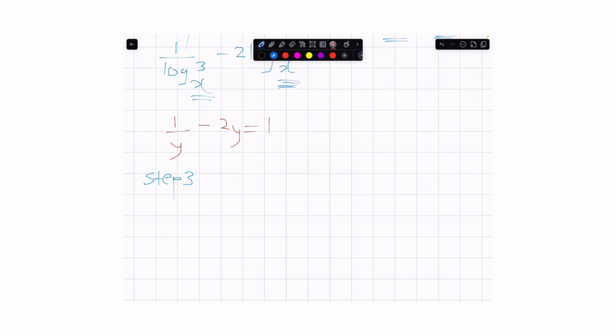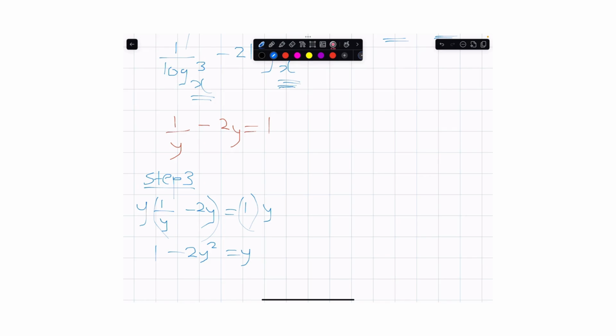In step number 3, what you're now doing is solving this equation. So here, it's 1 over y minus 2y is equal to 1. So you can multiply the right-hand side by y, the left-hand side by y. So you're going to get 1 minus 2y squared is equal to y.